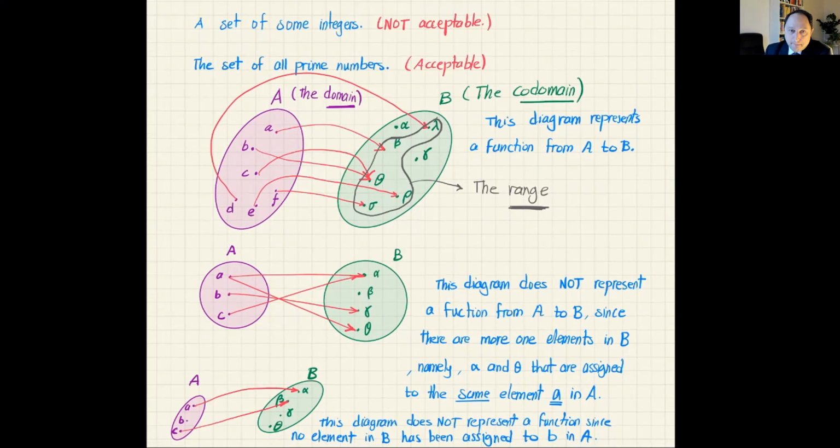Yeah, I would like to ask. You say this is an example of a function from A to B, but it's not a function from B to A, right? Exactly, yes. If I want to say a function from B to A, either I should draw the diagram for B on the left and the diagram of A on the right, or I should draw arrows from B to A. It is common in mathematics that the domain set is always drawn on the left.